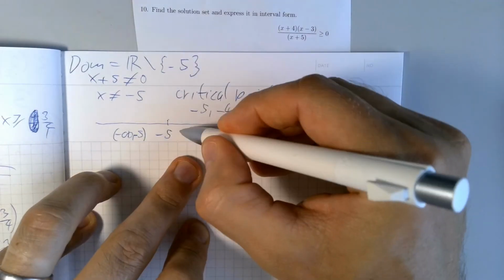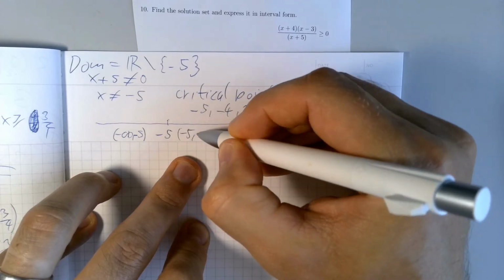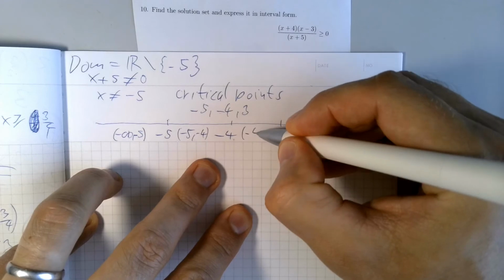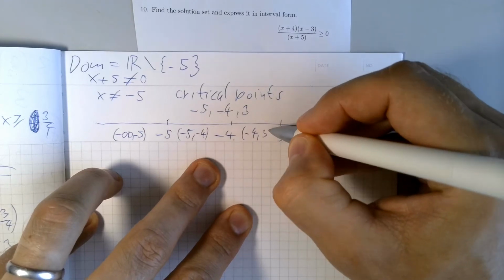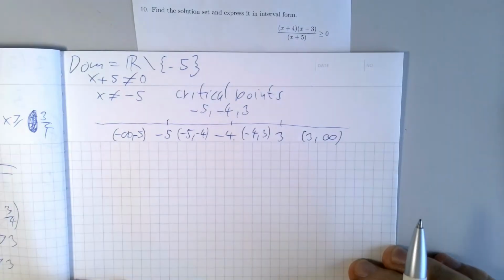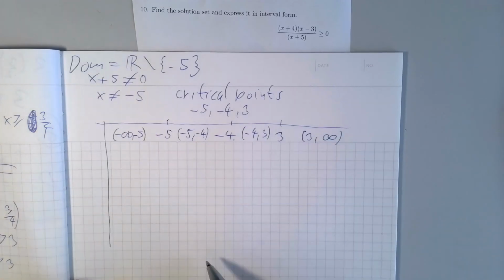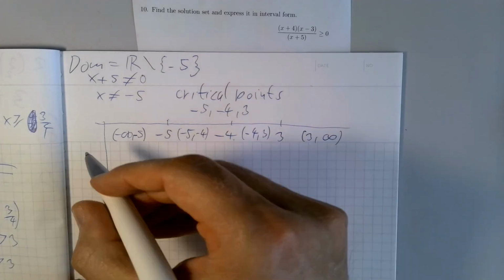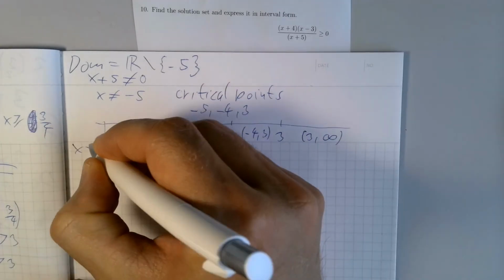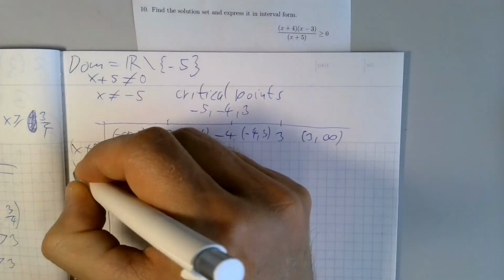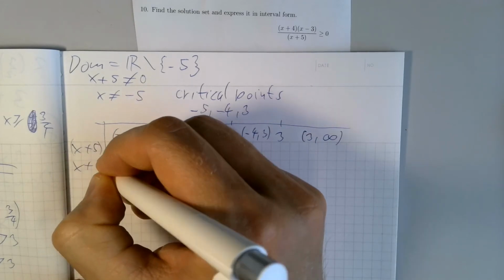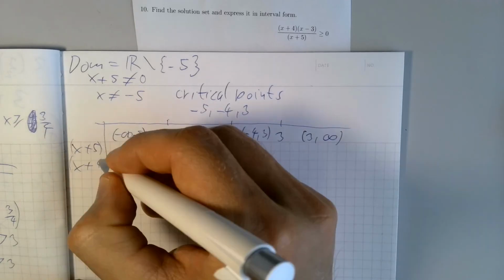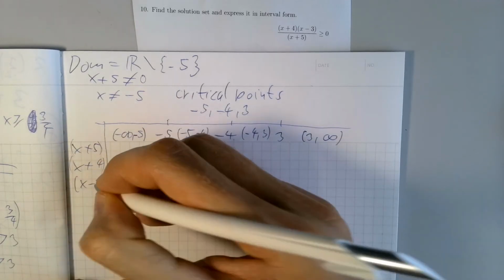Now we have all numbers between negative 5 and negative 4, and here all numbers between negative 4 and 3. And here we have the actual factors: x plus 5, x plus 4, and x minus 3 as well.